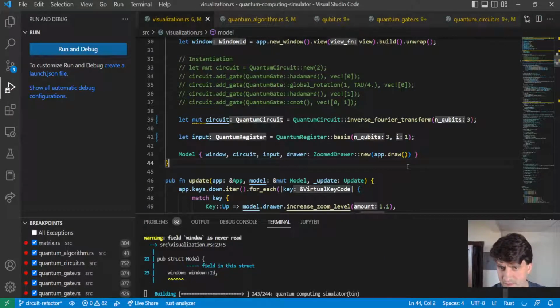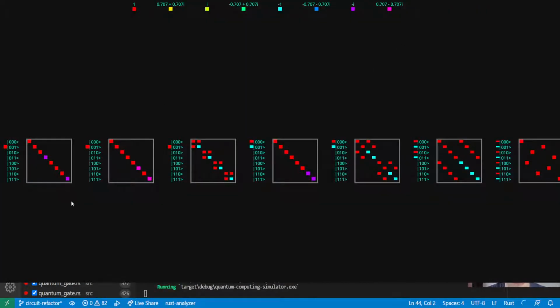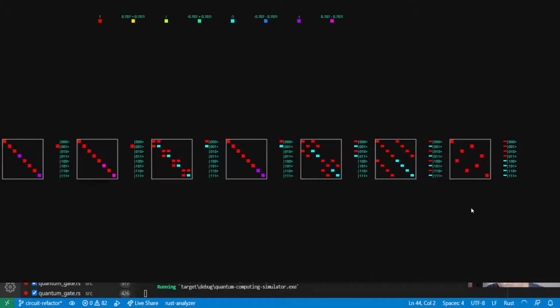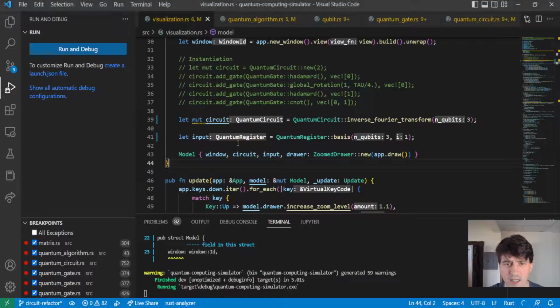I think I might not have clicked save because I don't remember compiling. Okay, there we go. So this is wrong because we should have a Hadamard at the end, yeah? Or rather, a Hadamard at the beginning. I feel like this Hadamard is meant to be at the beginning.